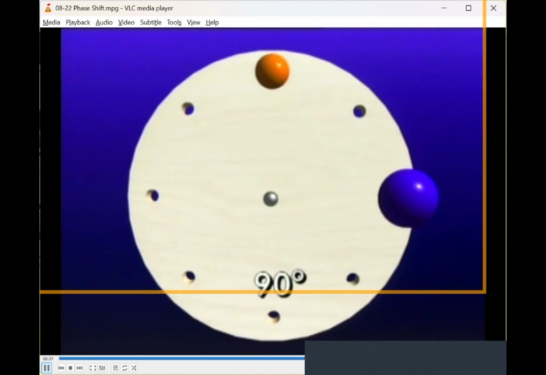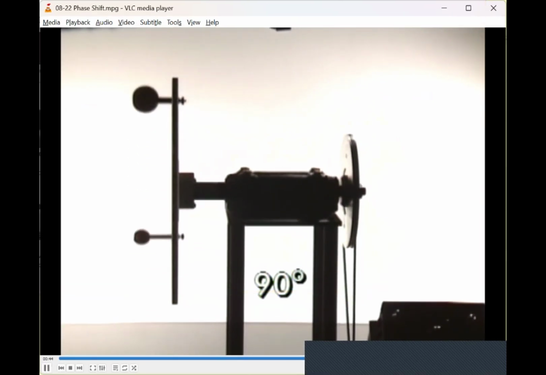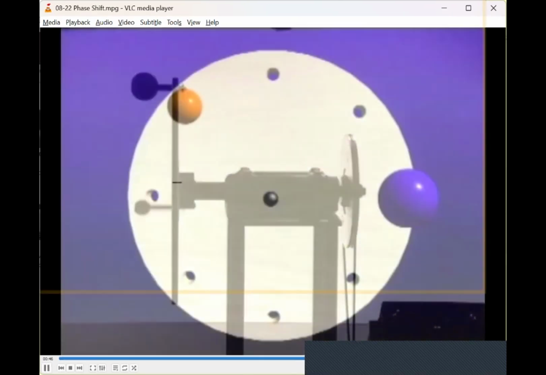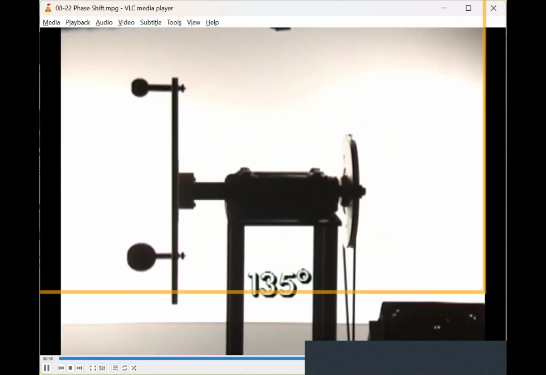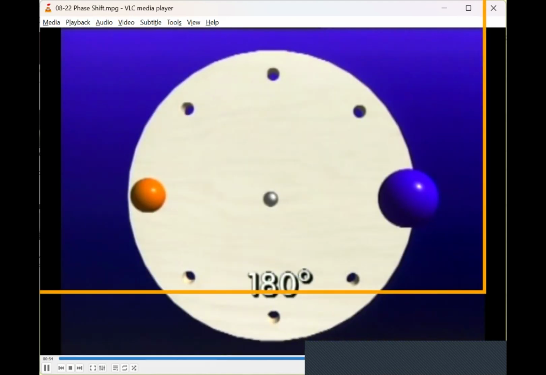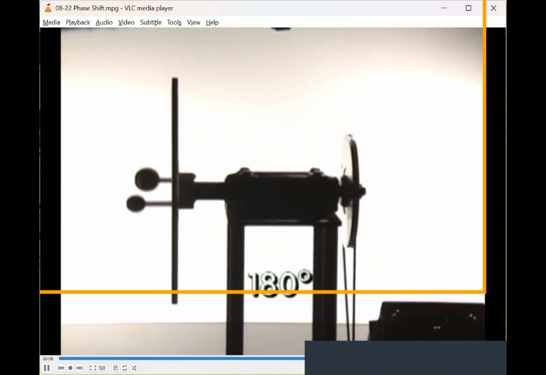Here is a phase difference of 90 degrees. 135 degrees. 180 degrees. All right.